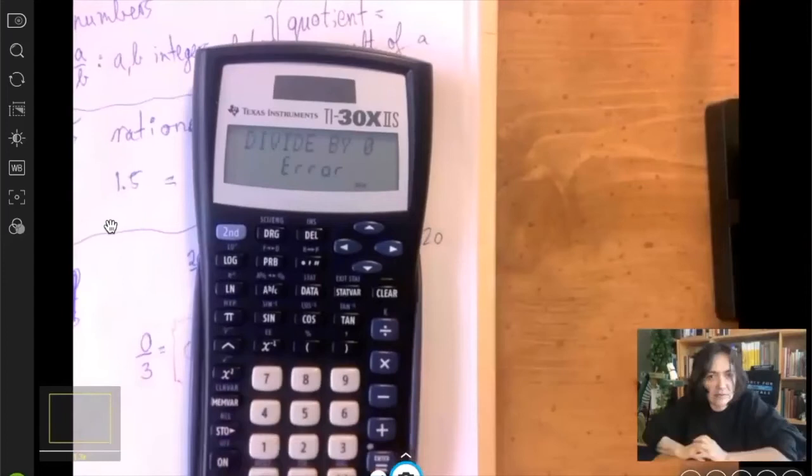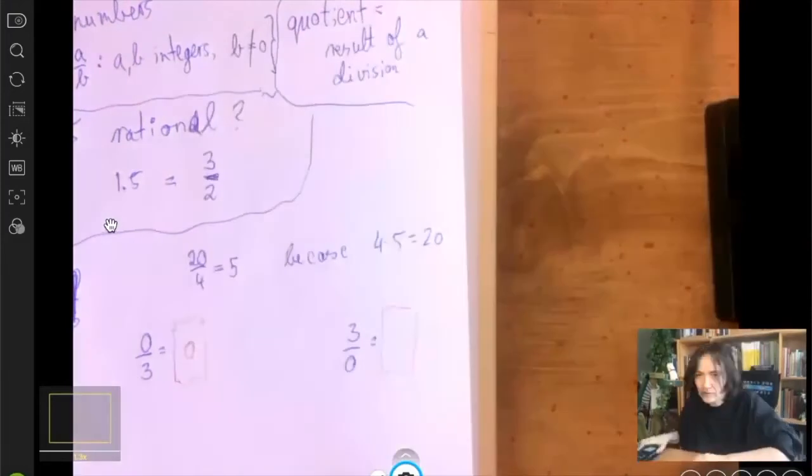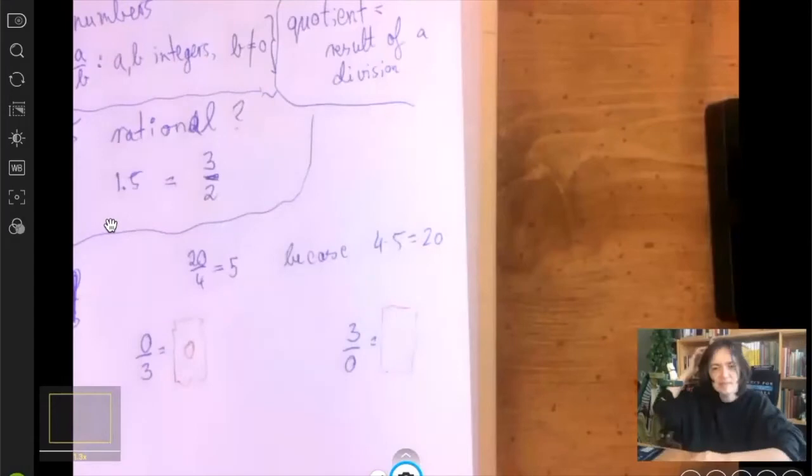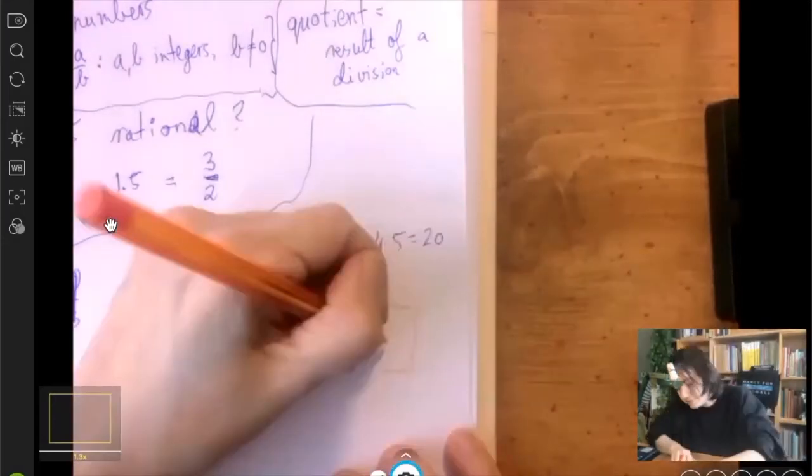It's error. Sometimes you will see weird stuff like domain error, and domain has to do with putting in a number that cannot be meaningfully processed by the operation. So this one we say undefined.